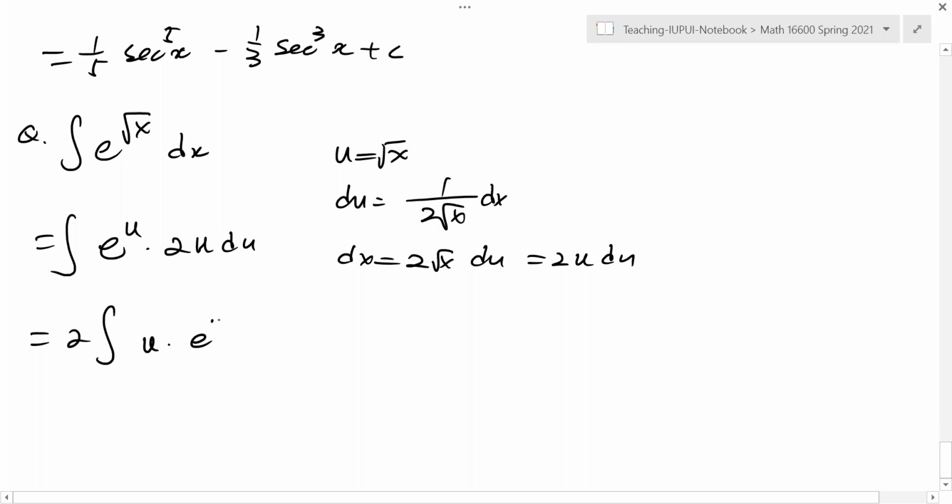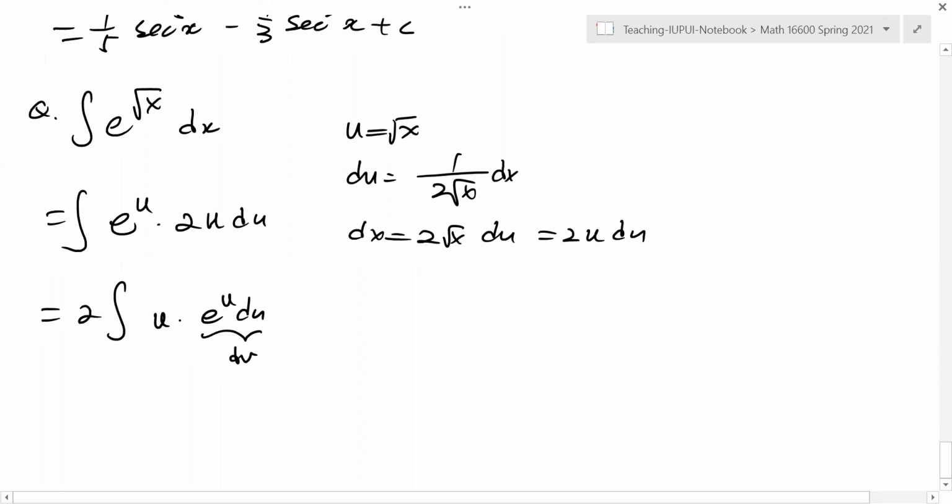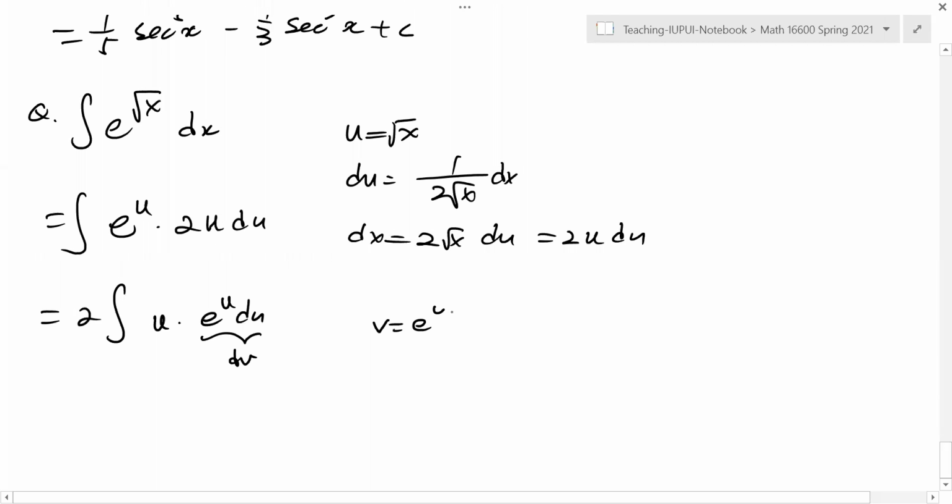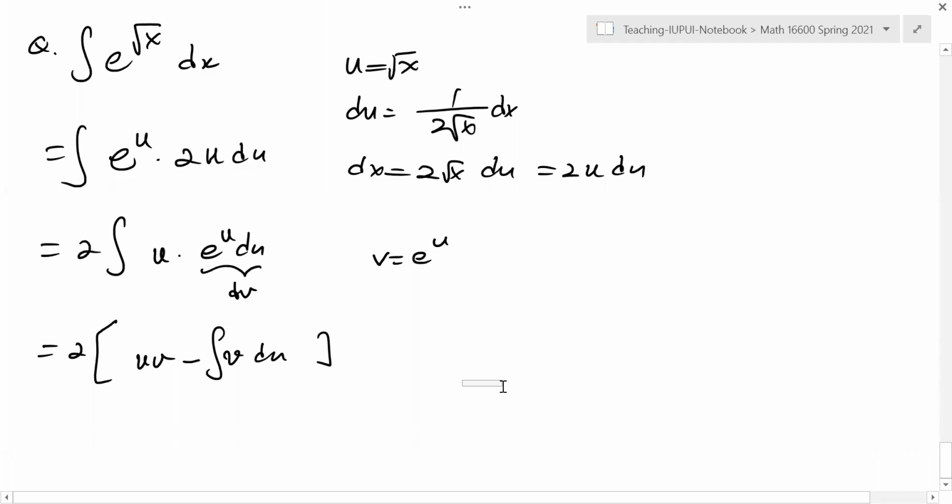It's u and e to the u and du, right? So that is my dv. I use integration by parts. So v is going to be e to the u, right? So it's uv minus integral v du. That's u e to the u minus integral e to the u du.